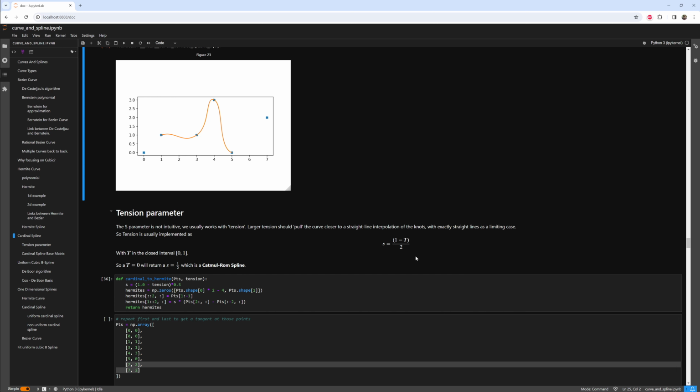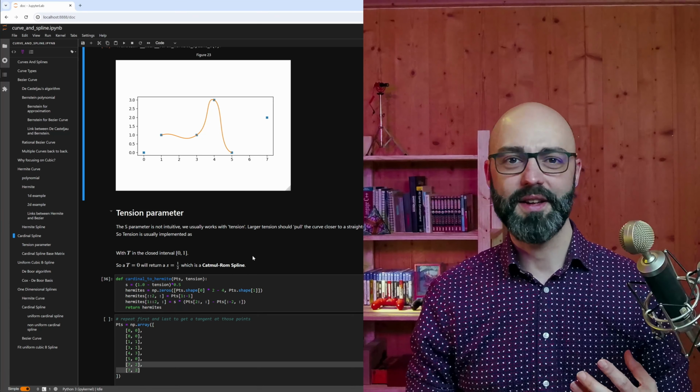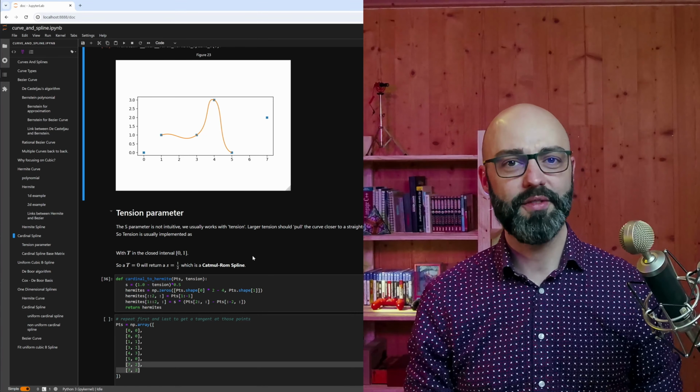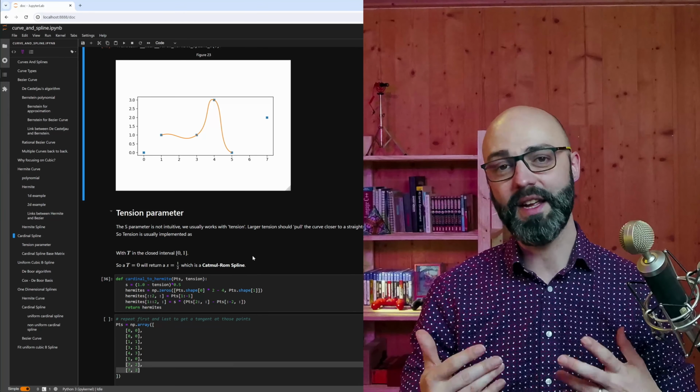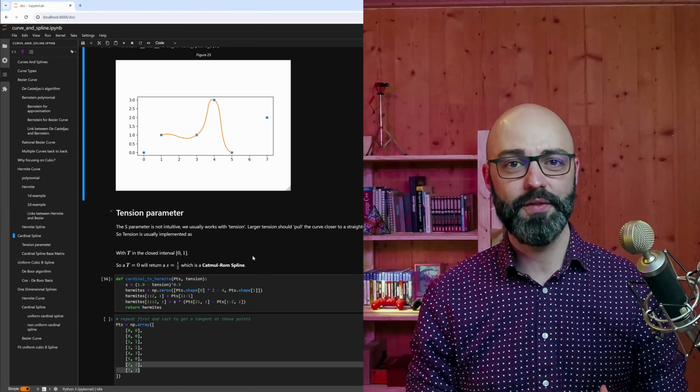And so with a tension that goes between 0 and 1, at 0 you have an S that is equal to 0.5, and at 1 you have an S that is 0. And an S that is 0.5 actually is a Catmull-Rom spline. So if you are interested in animation, you probably have heard of the Catmull-Rom spline. It's a specific case: a cardinal spline with an S value of 0.5.